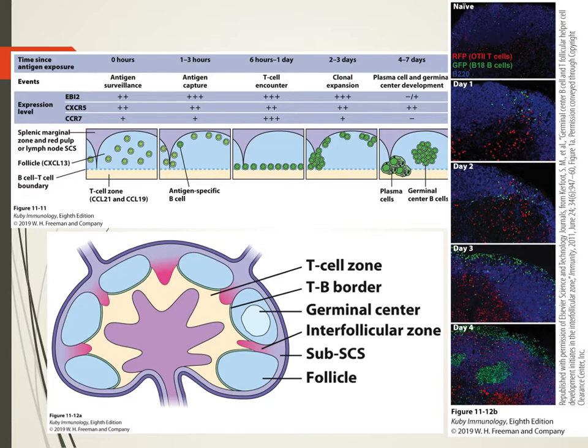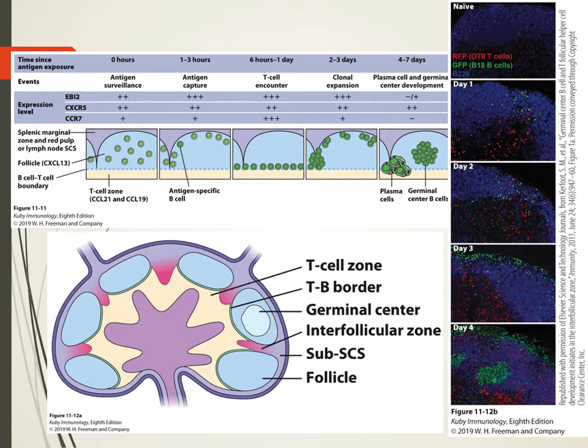So here we can see how, if we were to take a snapshot of the lymph node and look at the different structures and look at the B cells and their interaction with the T cell zone, how this progresses through.